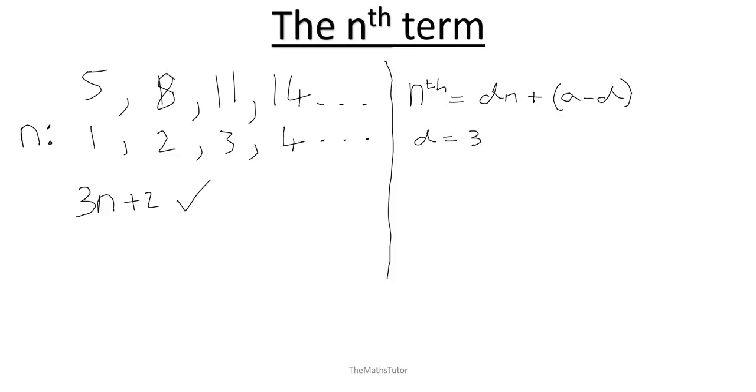A is the first term in the sequence, which in this case is 5. If we plug these numbers in, we end up with 3n plus 5 minus 3, which gives you 2, which is of course the same answer. Now this method is much more preferred because it can be applied to any complexity of problem, whereas the first formula is only directly applicable to simple problems such as this.